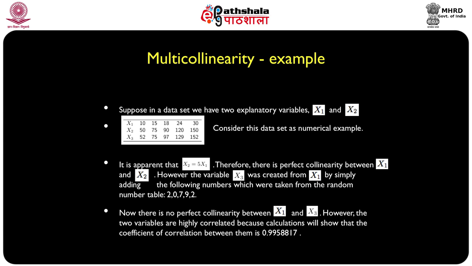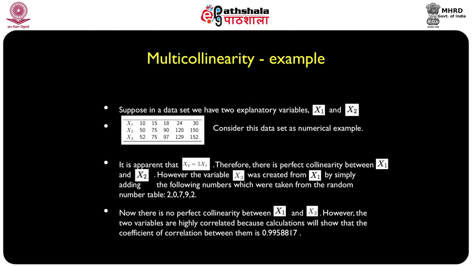Let us look at an example of multicollinearity. Suppose we have a data set that contains three explanatory variables x1, x2 and x3, such that x1 takes the values 10, 15, 18, 24 and 30. x2 takes the values 50, 75, 90, 120 and 150.